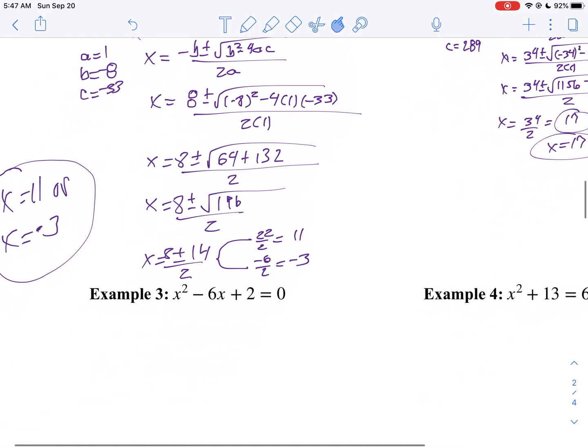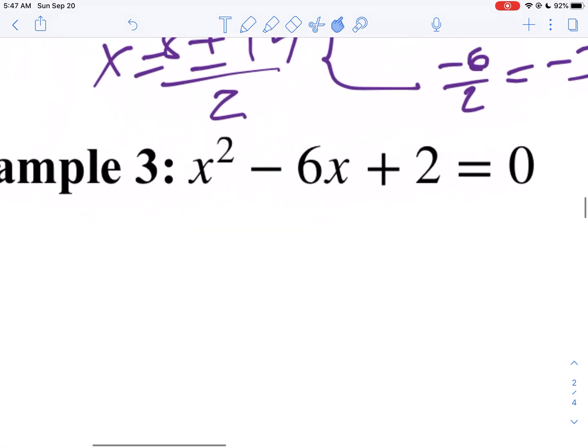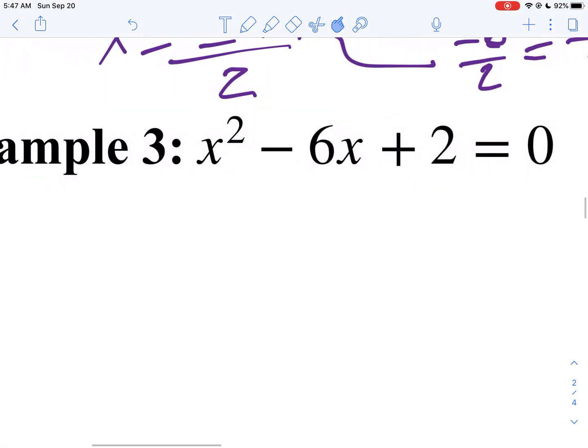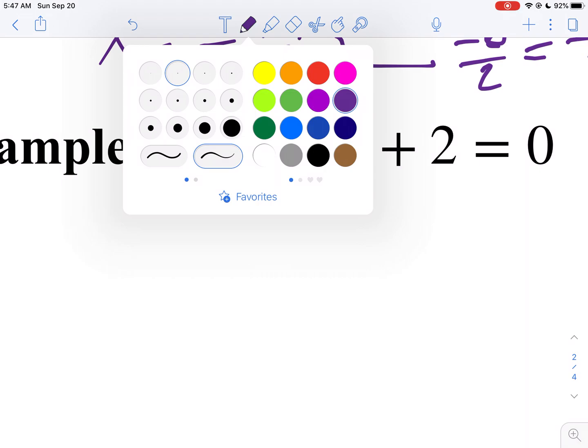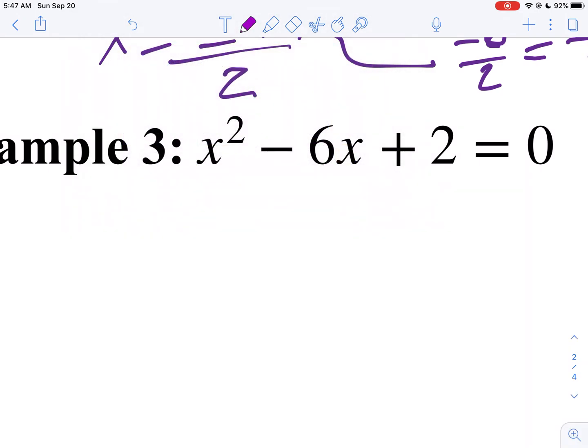Let's take a look at another one. Example 3. On this one, it's equal to 0. A is 1. B is negative 6. C is 2.